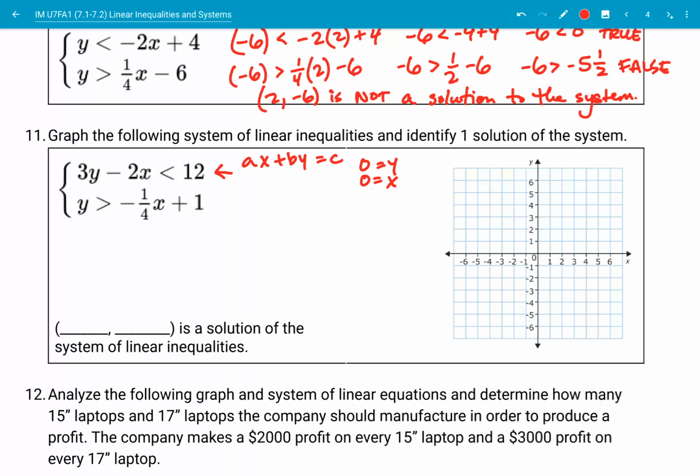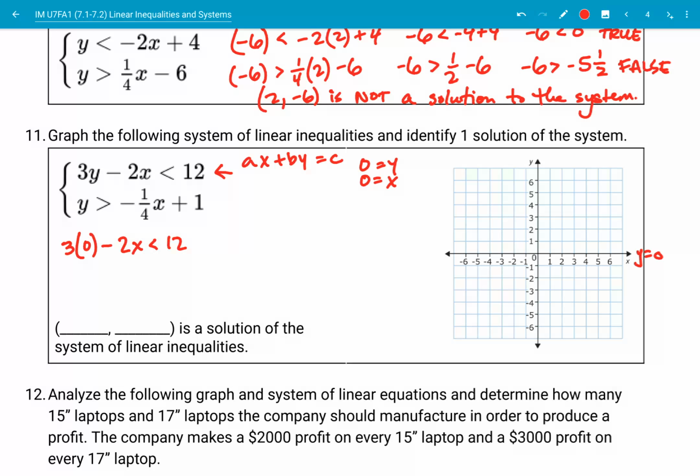So let's plug in 0 for y, and that means I'm going to be finding my x-intercept, because remember, the x-axis is the line y equals 0. So I have 3 times 0 minus 2x is less than 12.